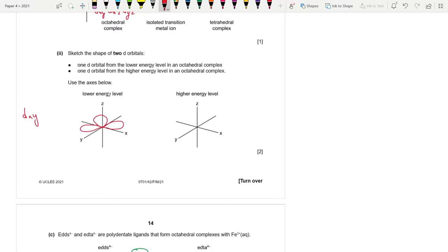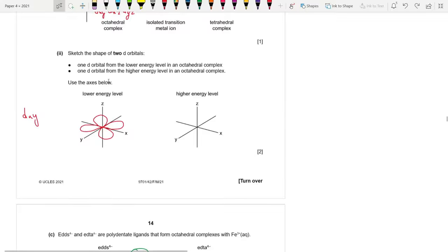We had an alternate route for the lower energy orbital. You could go for dxz maybe, but it's a bit tough to draw. You could draw dyz as well. This is dyz. That's another lower energy orbital. So you can draw any one of those three.